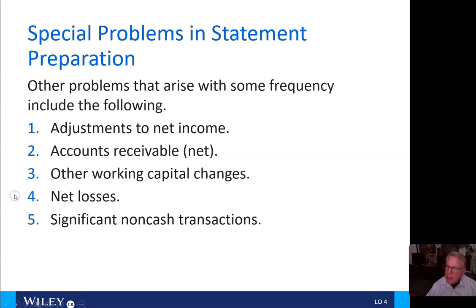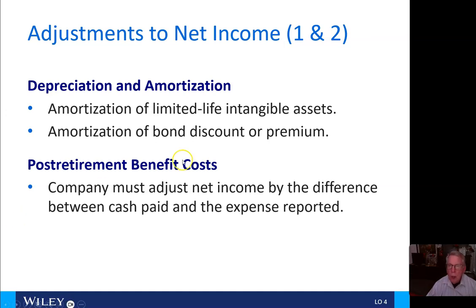Number 4, net losses. And number 5, significant non-cash transactions. All right, depreciation and amortization, and we might as well throw depletion in there too. Amortization of limited life intangible assets and amortization of bond discounts or premiums. Those are adjustments to net income.